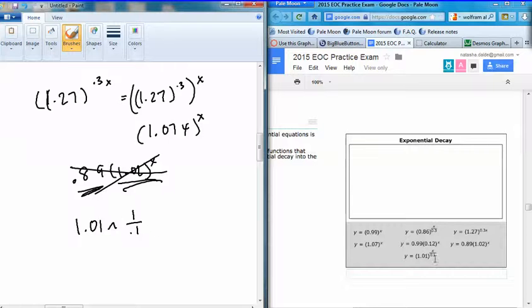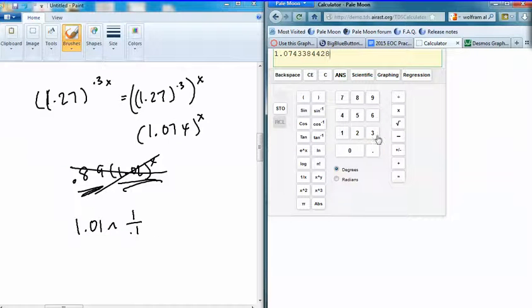I'm going to check the bottom one. All right, Mr. Calculator, what is 1.01 caret parentheses 1 divided by 0.1? 1.1046. So that's not smaller than 1. That's not a good one to choose.